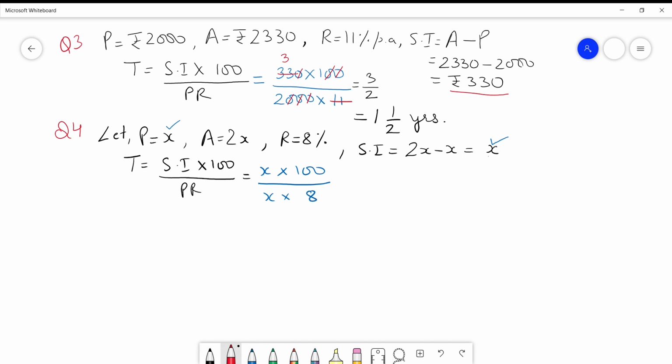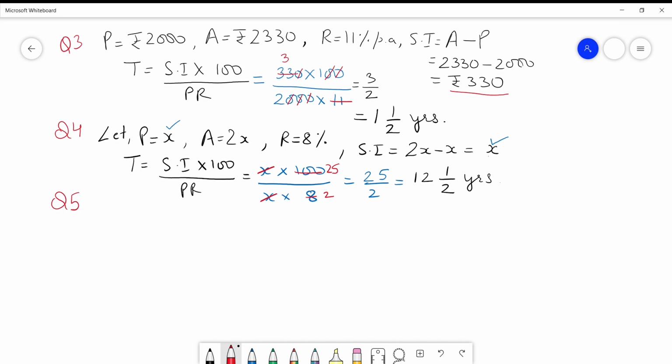Now we can cut X with X. 4 2s are 8, 4 25s are 100. So we get 25 over 2. And further when we divide it, we will get 12 and a half years. So this question is completed. Coming to the fifth question.